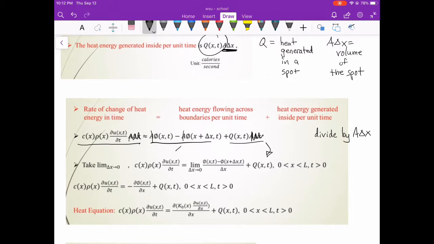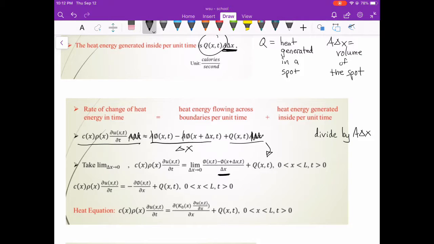And this stuff in the middle needs to be over delta x. That's where this expression comes from. And that's why at this point you take the limit, because we're no longer looking for the change in heat in the entire hockey puck. We're just looking at one little spot. The slice needs to be infinitely thin so that we can actually come up with legitimate calculations.